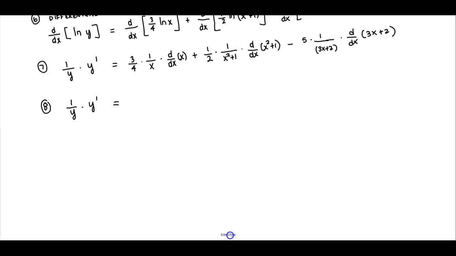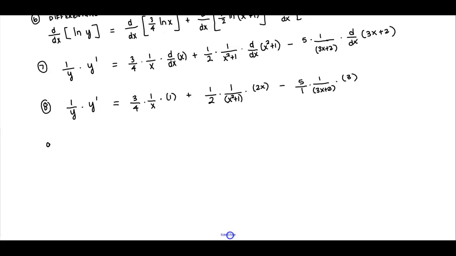And so we end up getting 3/4 times 1 over x times the derivative of x, which is 1, plus 1/2 times 1 over x squared plus 1 times the derivative of x squared plus 1, which is 2x, minus 5 over 1 times 1 over 3x plus 2 times the derivative with respect to x of 3x plus 2, which is 3.